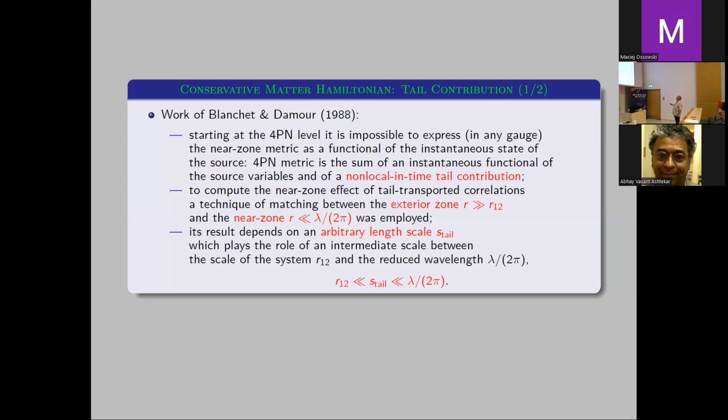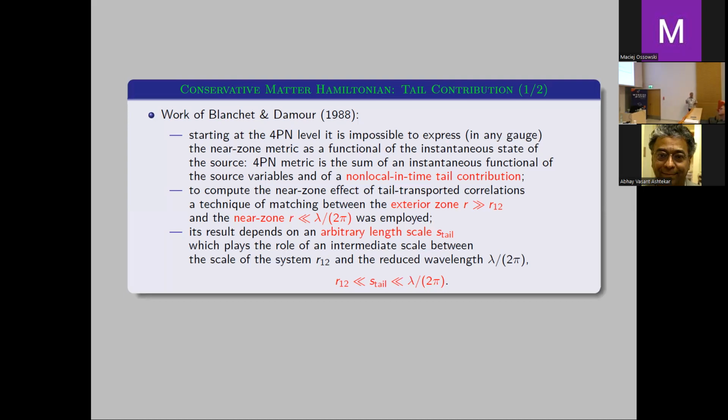In general, because this is a more general paper, not assuming a two-point particle system, this is the general feature. So the fourth post-Newtonian metric is just the sum of the instantaneous functional and a non-local in time tail contribution.